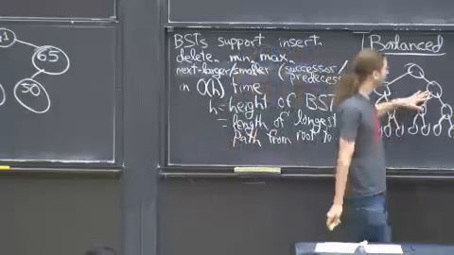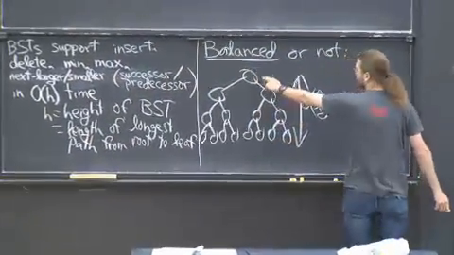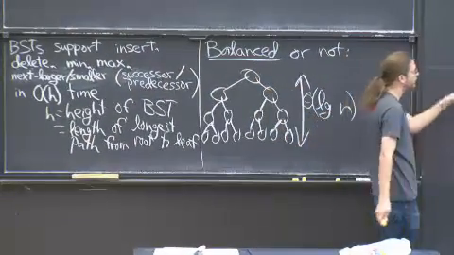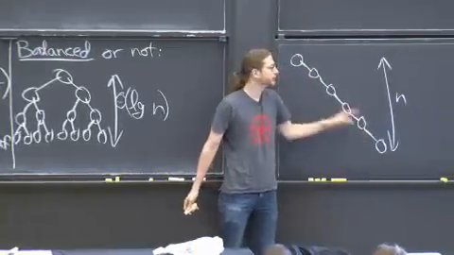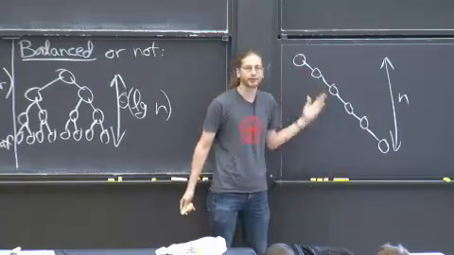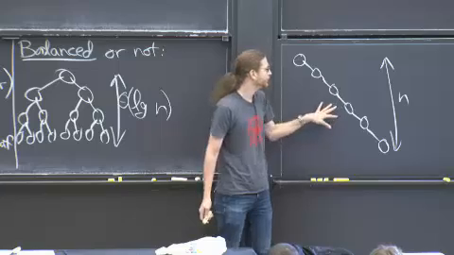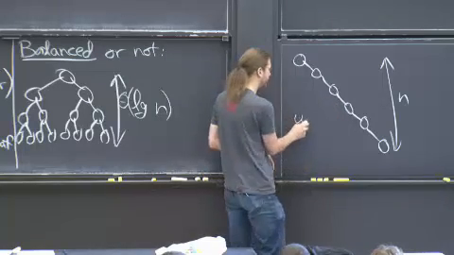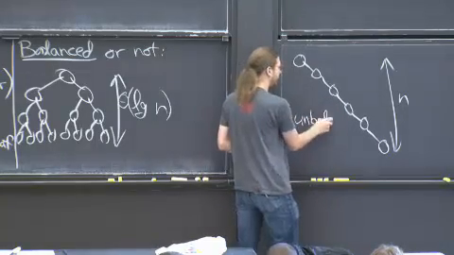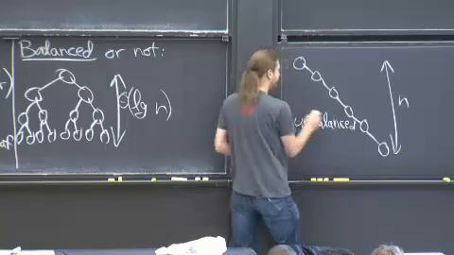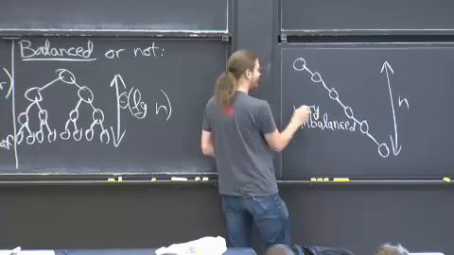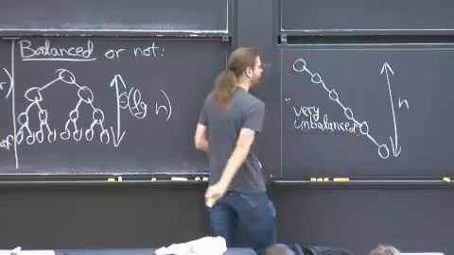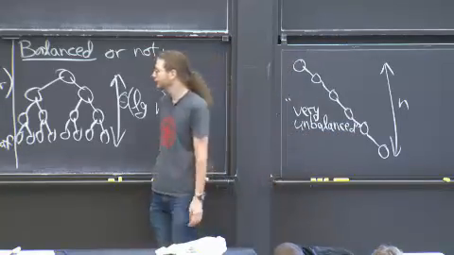All that's happening here is that all of the paths are length log n. Here, there is a path of length n. Now, some of them are shorter, but in fact, the average path is n over 2. It's really bad. So this is very unbalanced. It's not a very formal term, but that's like the worst case for BSTs.